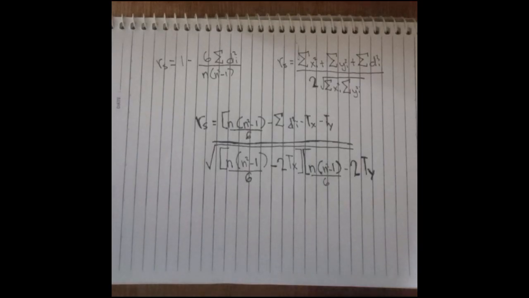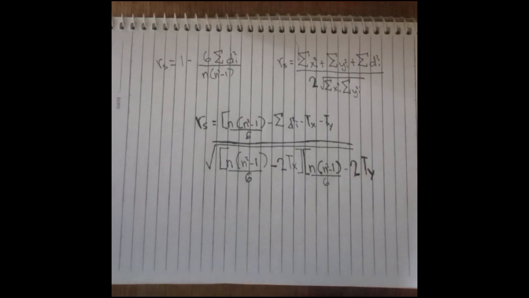for data that has no tied ranks, because sometimes data have the same or identical values, and if you rank them, there will be identical ranks.